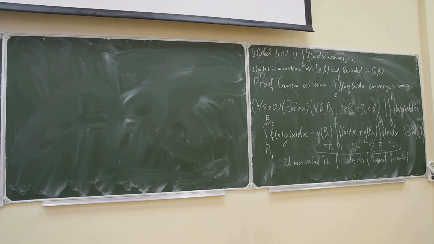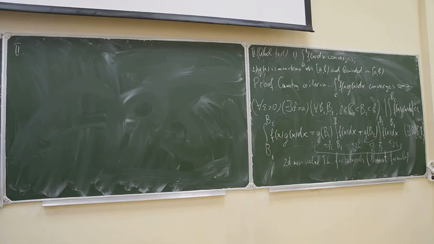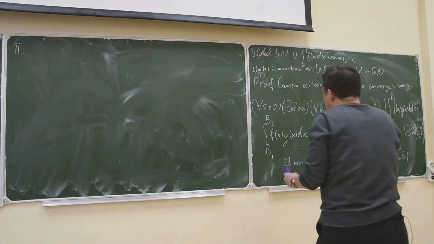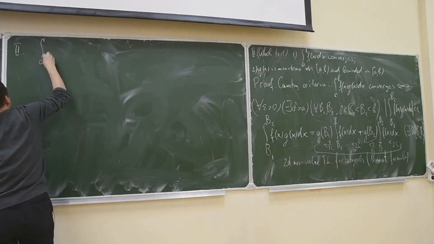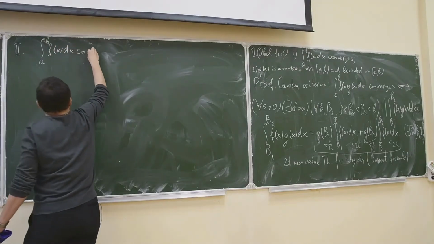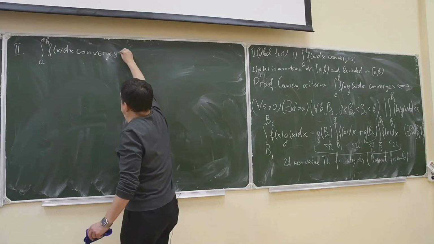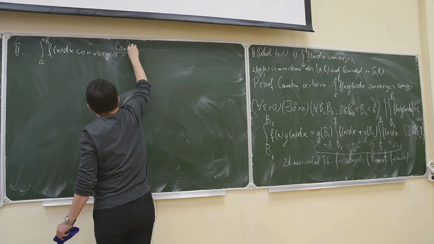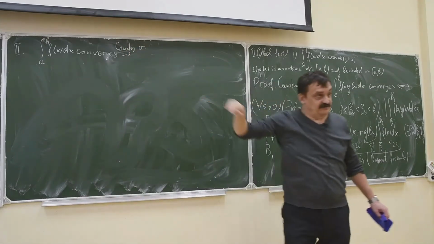Okay, now for the second part. Now I'll use convergence of integral of f of x dx. Converges. Hence, we can use Cauchy criterion for the convergence for that integral.